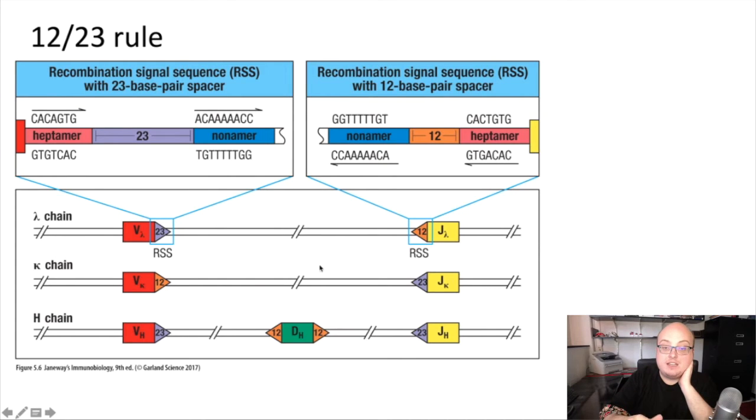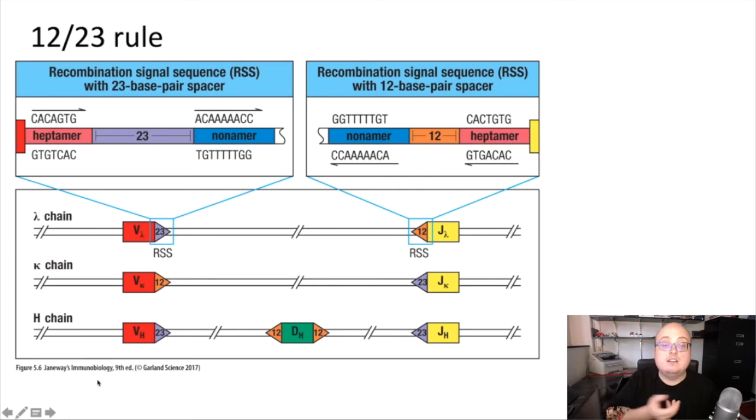In the kappa chain, it's flipped. Because of this, you can't recombine a V segment from the lambda chain with a J segment from the kappa chain, because they both have 23 base pair spacers, and so the spacing just doesn't work. The enzymes can't bring them together effectively. Same thing here: we can't cross-combine V's and J's from the two loci because of this spacer rule.